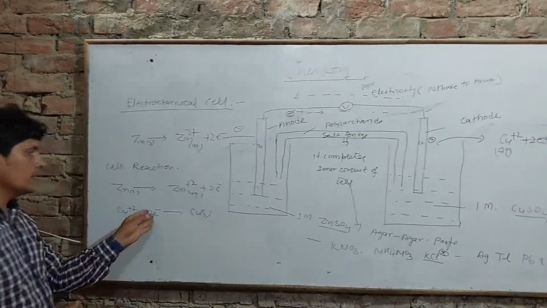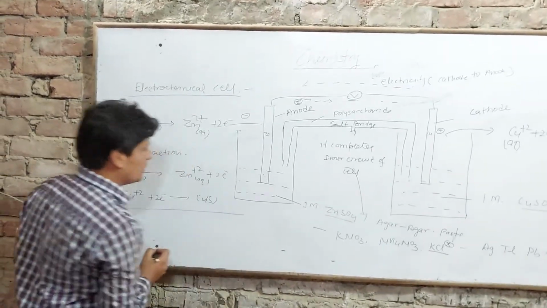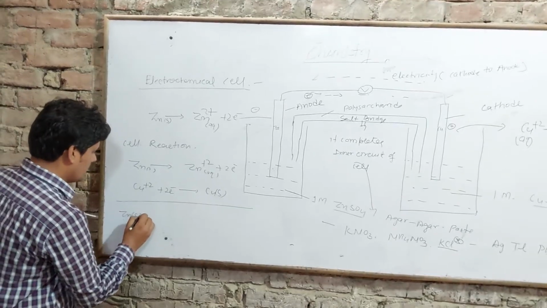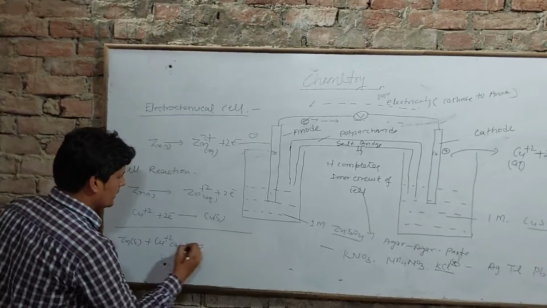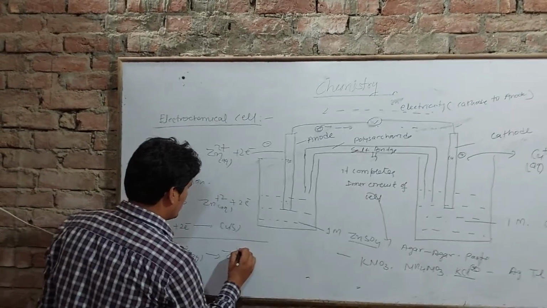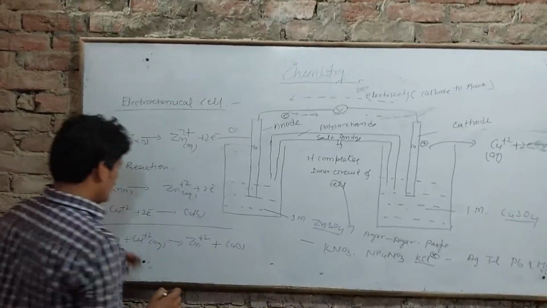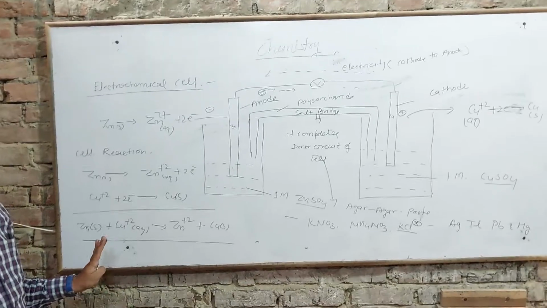When we add these anodic and cathodic half cells, it results in the complete cell reaction: Zn plus Cu2+ aqueous changes into Zn2+ and Cu solid. It is the cell reaction of the electrochemical cell.